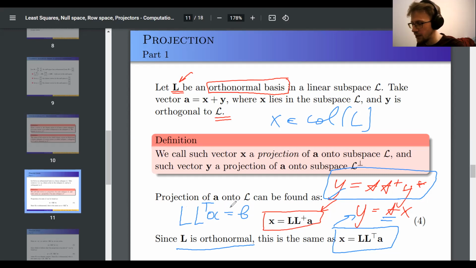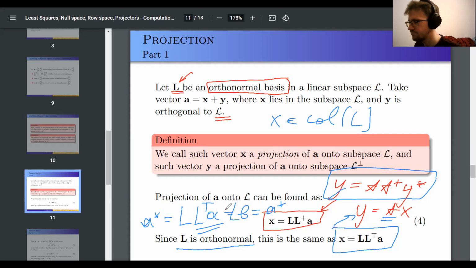So you can multiply it by L again, and that would recover the actual image itself. So B was the coordinates of the image of A, and this recovers the A star, or in this case, X. So that's how you can think about it as well, if you remember that this is the way you rewrite vectors in a new orthonormal space, or recover coordinates of a vector in a new orthonormal space.